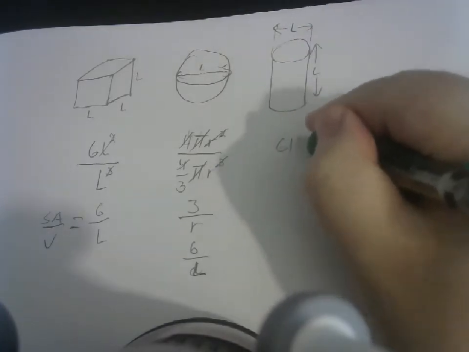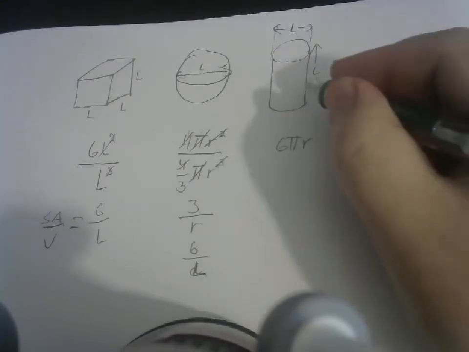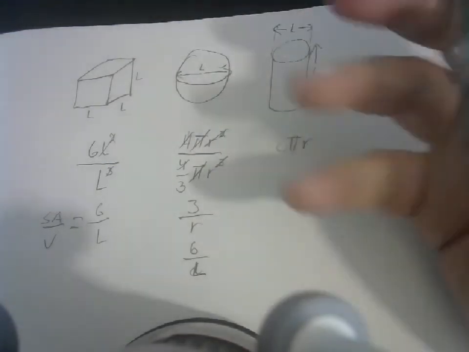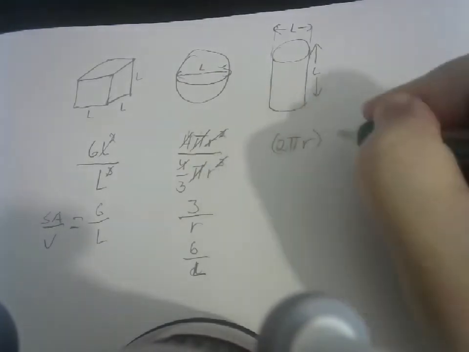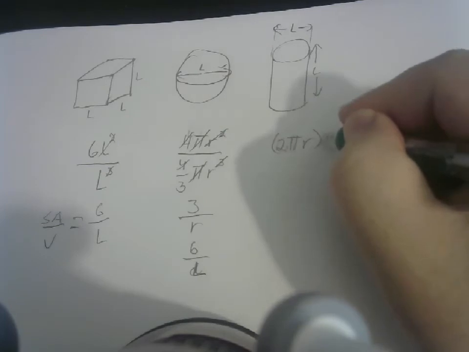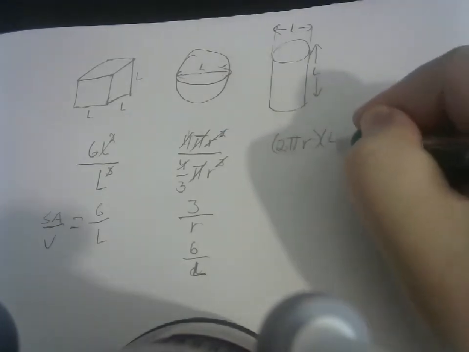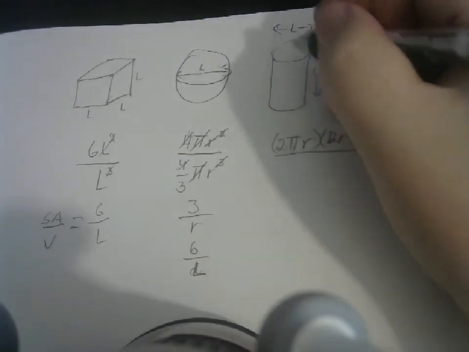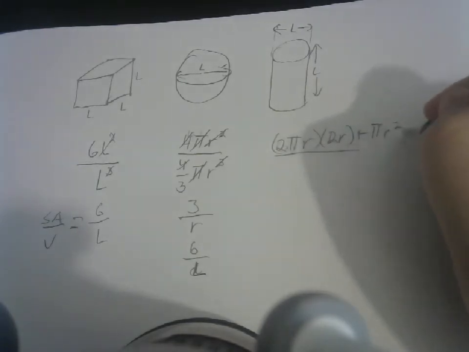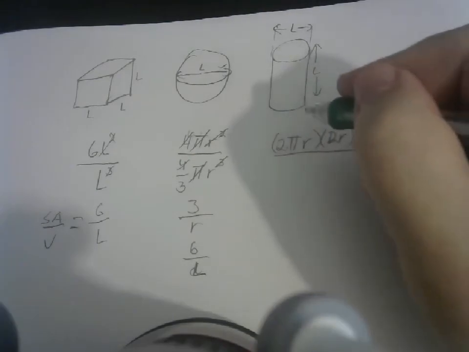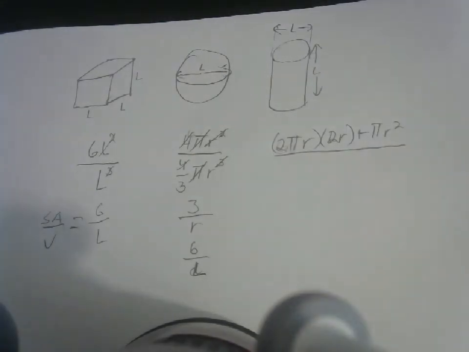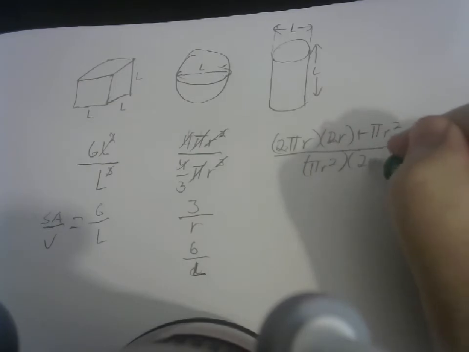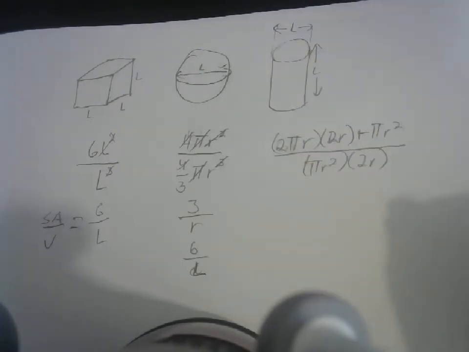It is 2 pi r, which would be the circumference around, and the height is L, or 2r, plus pi r squared, divided by the volume, which is pi r squared times 2r.